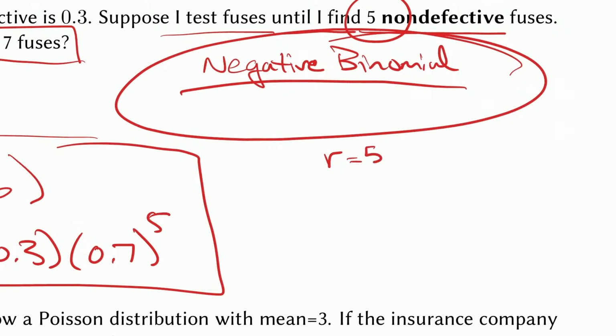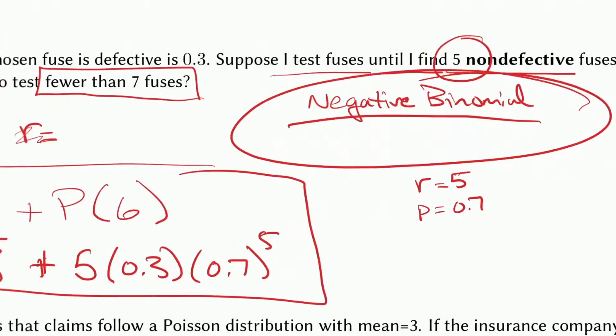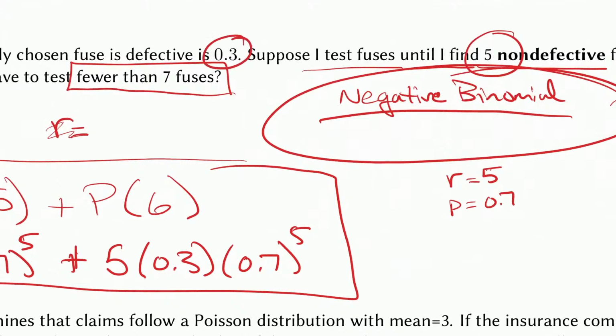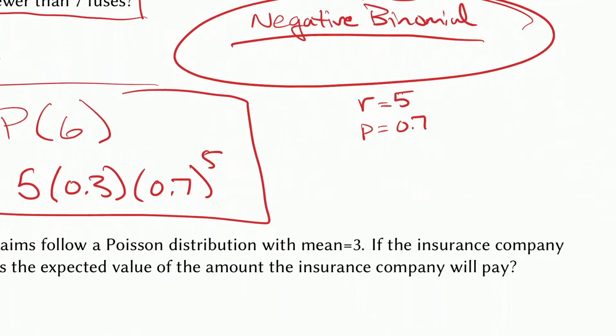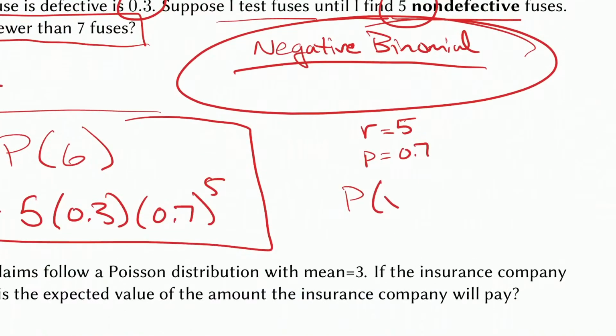So r here is 5, because I'm looking for 5 successes. The probability of success is 0.7. I give you the probability of failure up there, but you want to find 5 successes. And so I want to know the probability that x is less than 7, which is the probability that x equals 5, plus the probability that x equals 6.